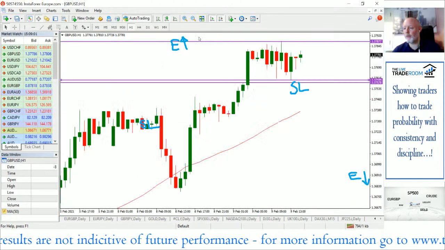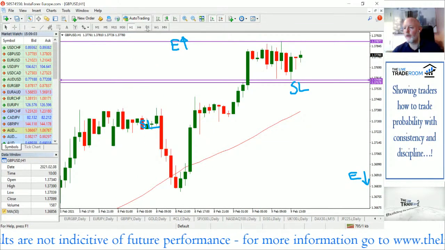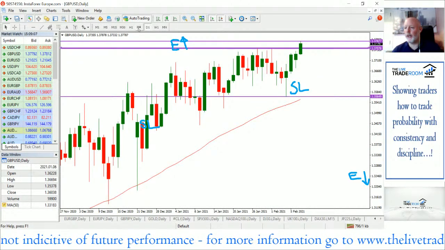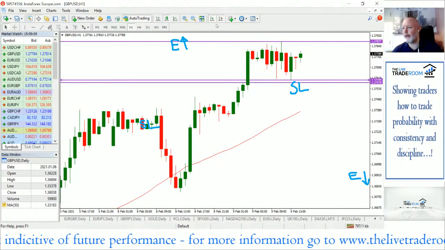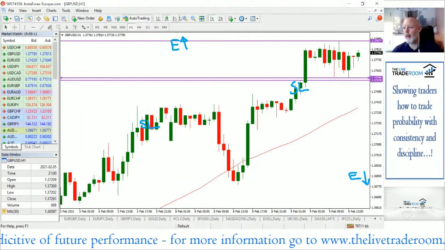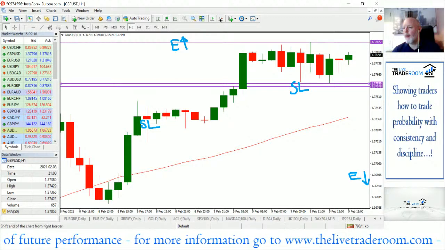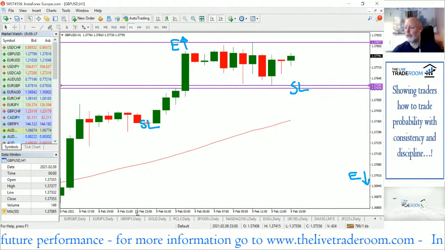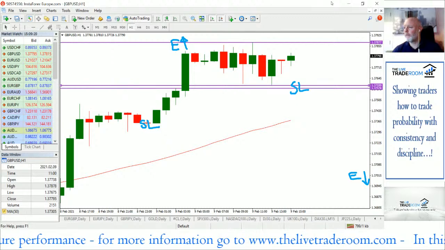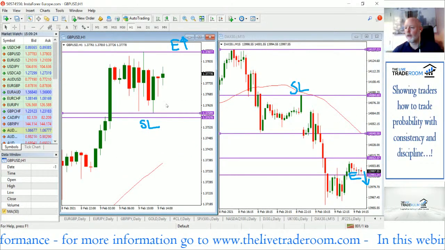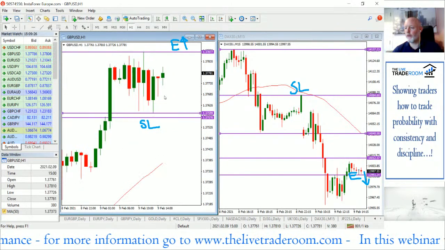I just want to see where this daily high is. Yeah, we're sort of in the correct area. Just move that along. So there we go.